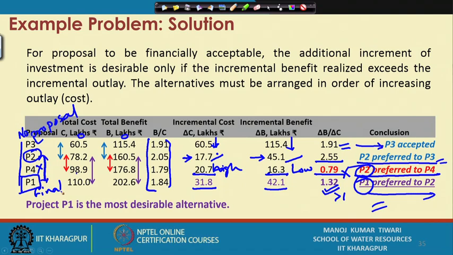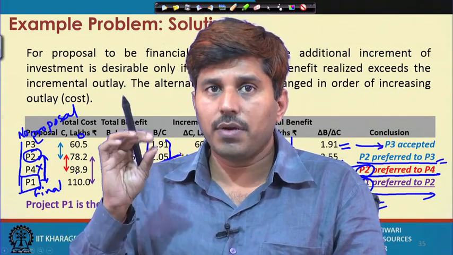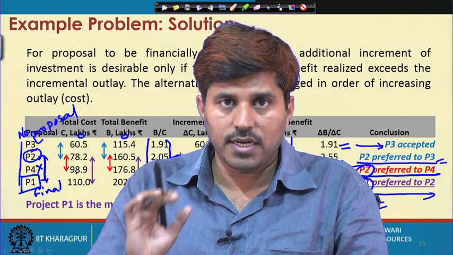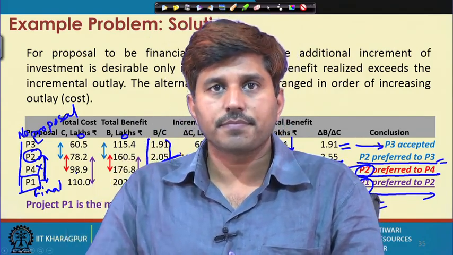By going to the benefit cost ratio, P2 would have been selected, but when we do this analysis we figure out that P1 is more rewarding in terms of government investment. We are not talking here about the net gain on the unit investment, but on the overall investment this project is relatively more rewarding as compared to other alternatives.